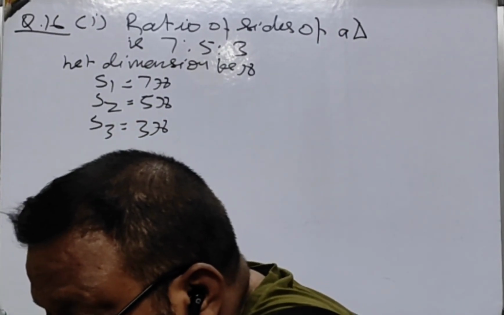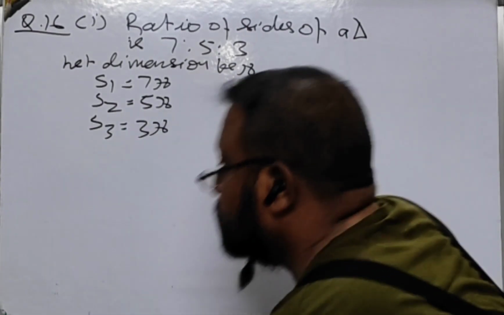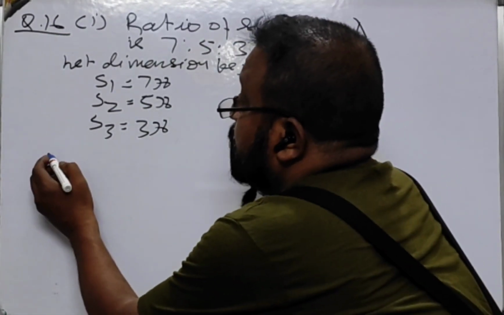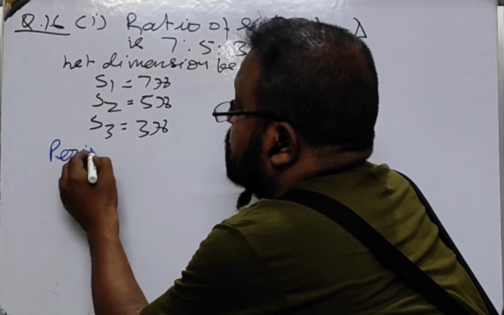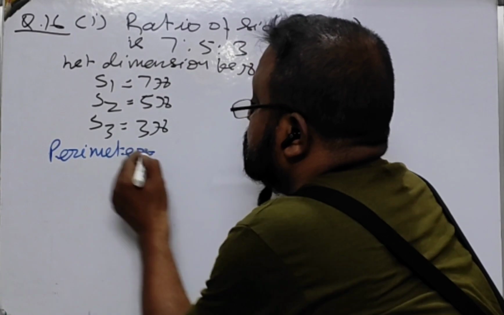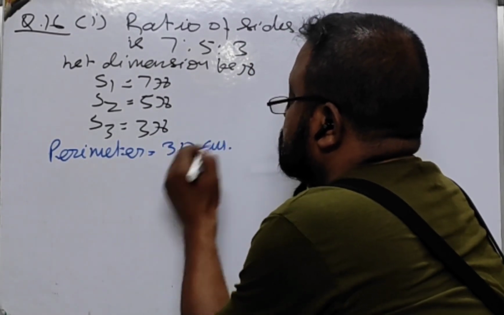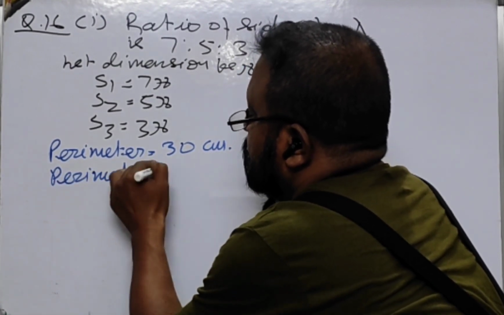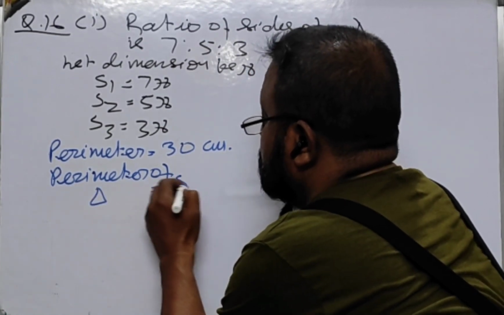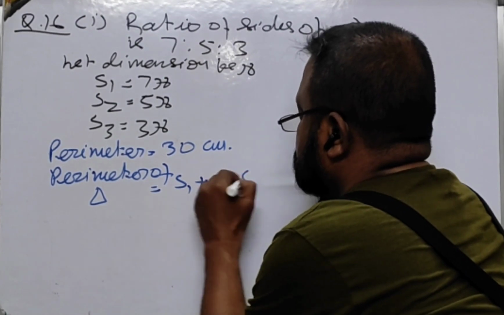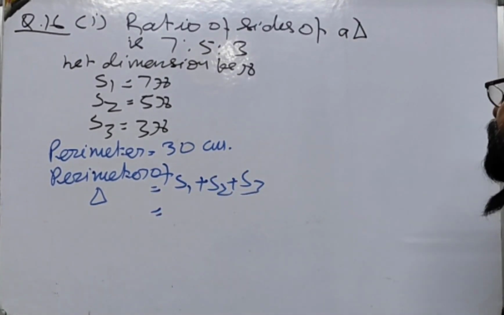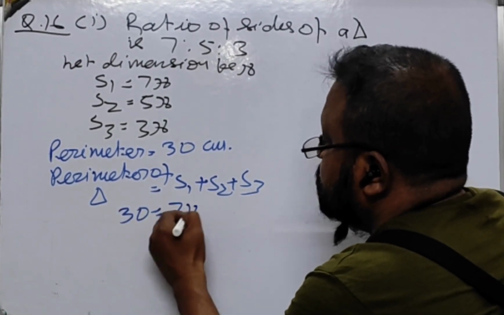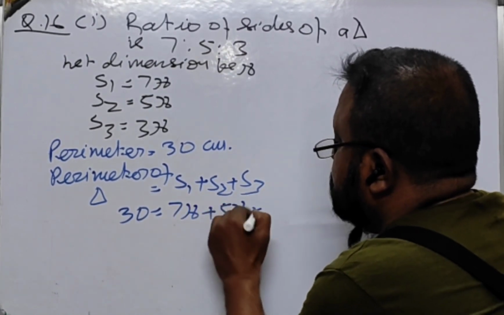Now if the perimeter is 30 centimeter, the perimeter of the triangle is side 1 plus side 2 plus side 3, so 30 is equal to 7x plus 5x plus 3x.